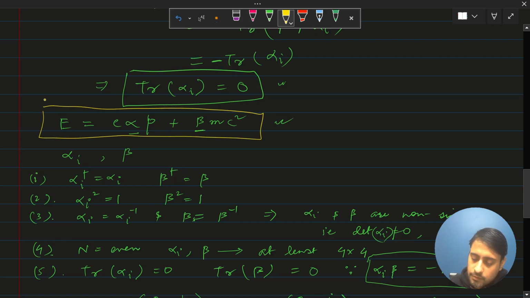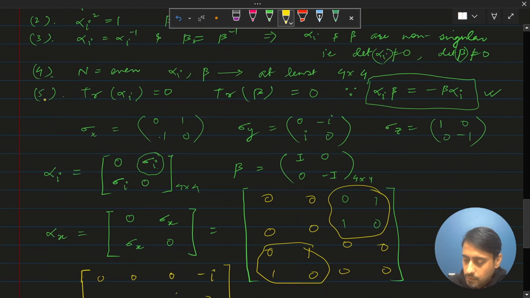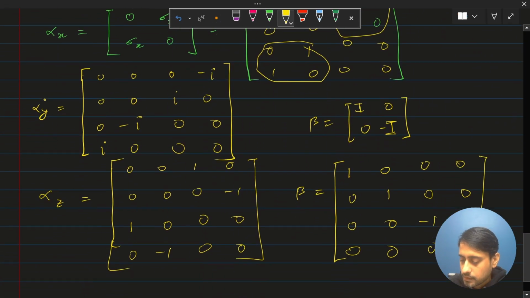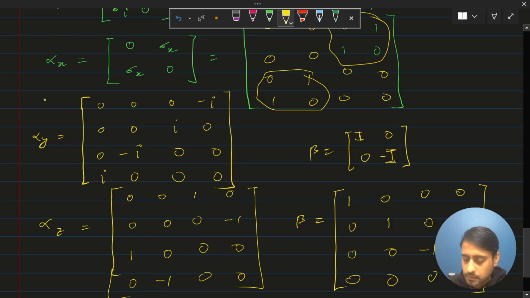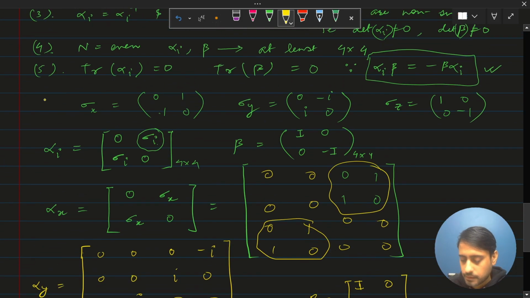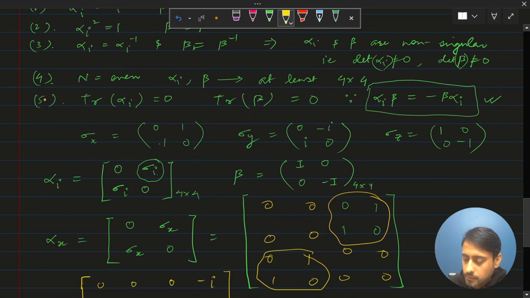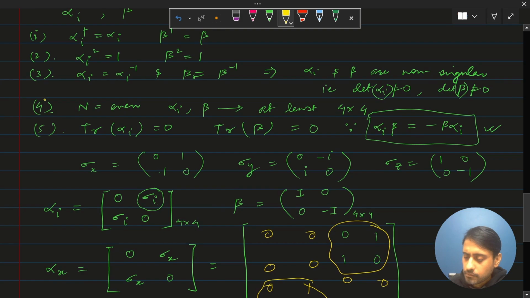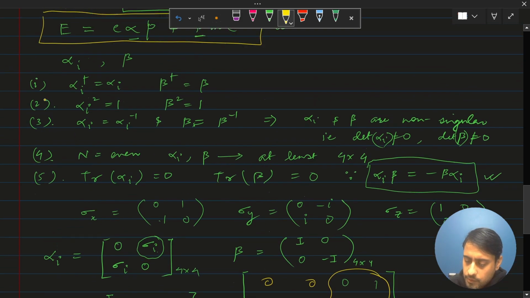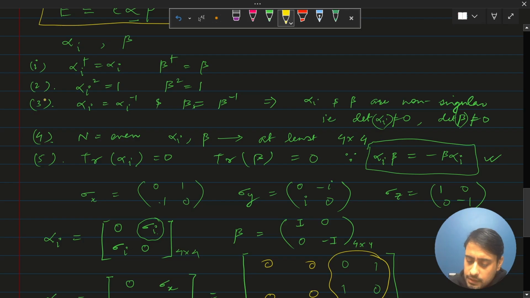in the linear form. Okay, so these are the matrices. We have not actually arrived at this solution. Okay, we have certain conditions which are listed in these 5 points, and including this also.